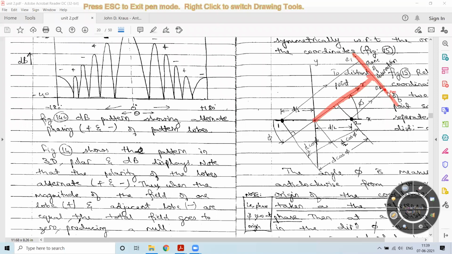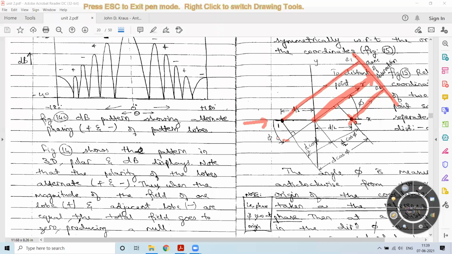Because of the plane of observation, the wave from source 2, if all start at the same point, say at time t is equal to 0, will traverse a distance of r, and here it will traverse a slightly lesser distance to reach this plane of observation. Similarly, if at time t is equal to 0 this one starts, it will take a little bit extra time and traverse a little bit more distance compared to the reference point we are considering.